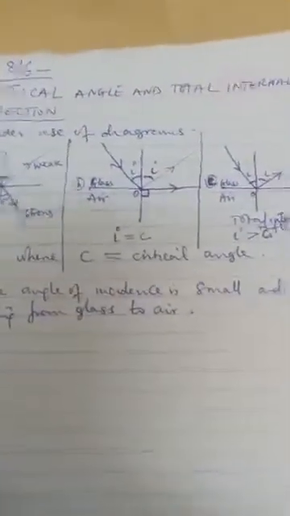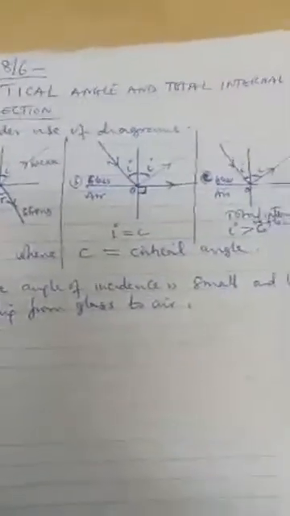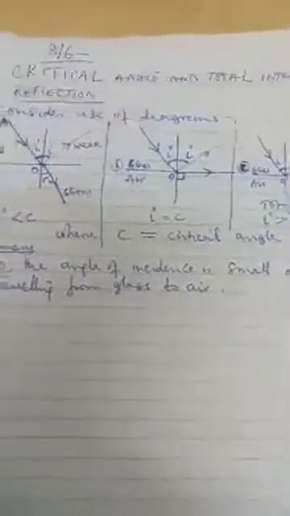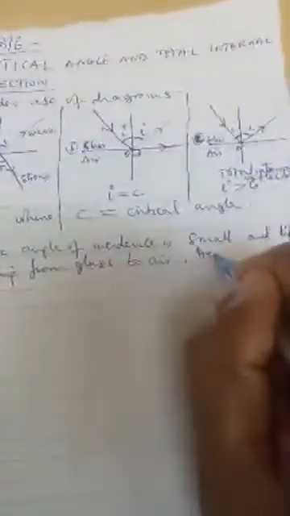Take note that glass has a higher density than that of air. Hence there is both reflection and refraction. That is in diagram A. However, the refracted ray is very weak.